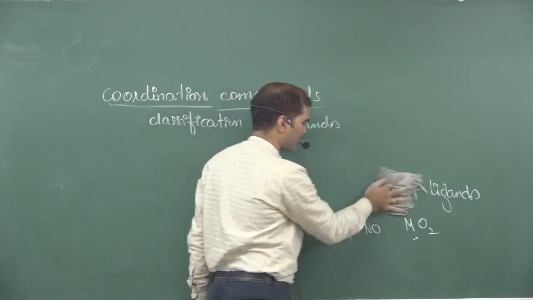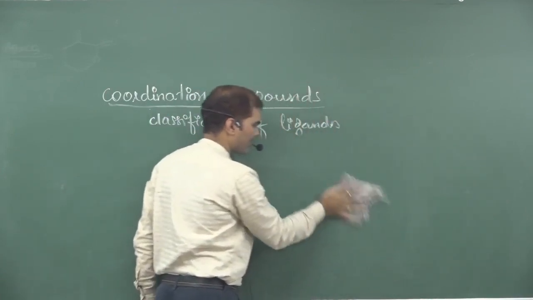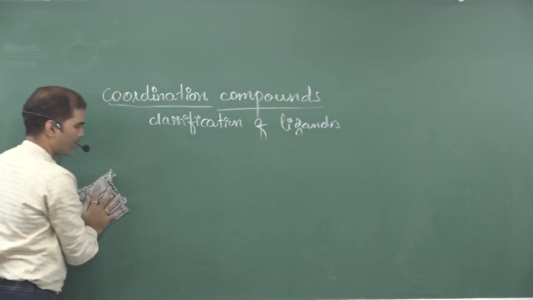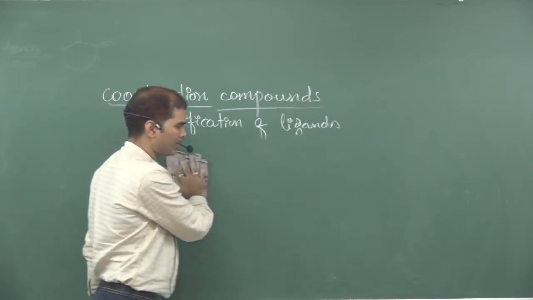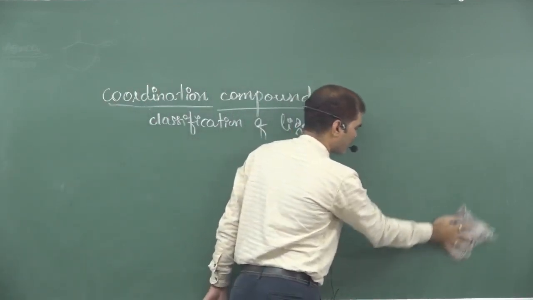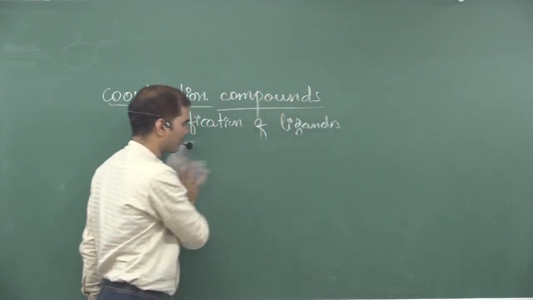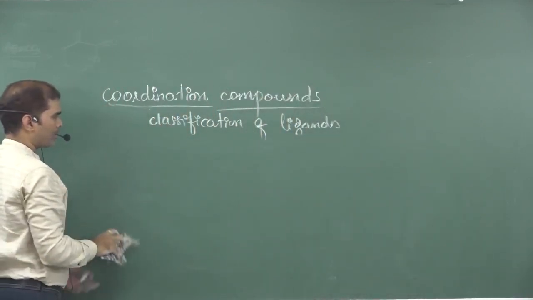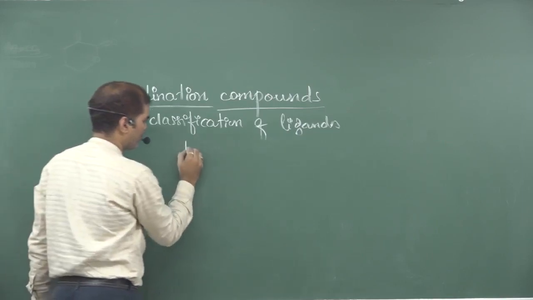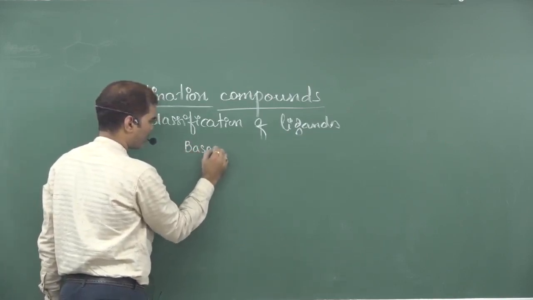Example, NO, nitrosyl. It could be nitrosyl or it could be nitronium, we don't know. Example, NO, comma, O2. O2 could be superoxo, peroxo, dioxo, and so on.